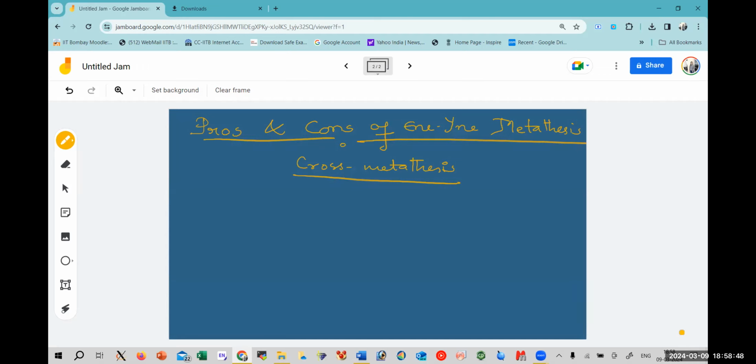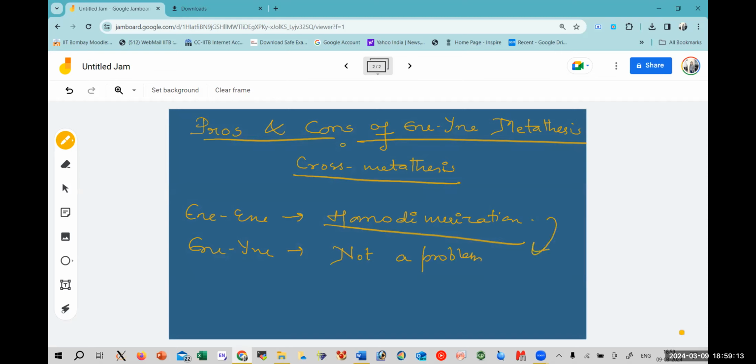Whereas in the ene mechanism, we have seen homodimerization is a problem, which is not seen in case of enyne metathesis. And also this metathesis reaction provides very good alternatives for the Wittig reaction, alkyne couplings or McMurry synthesis. So these are certain enyne metathesis pros and cons.